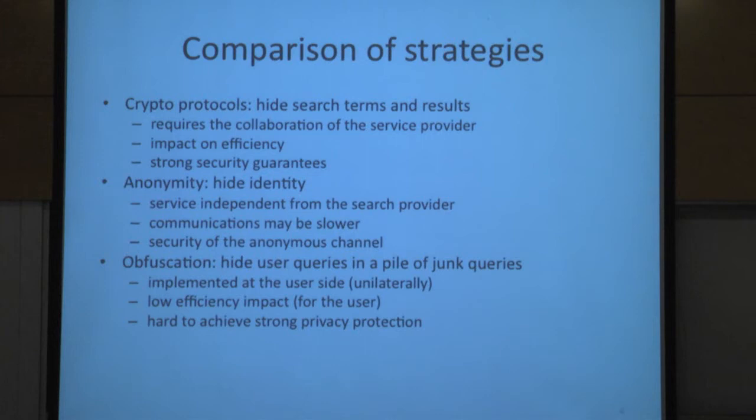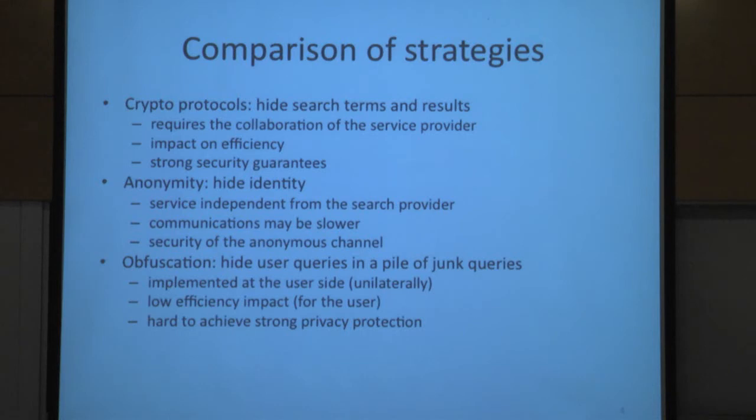The third alternative, obfuscation, has a very low efficiency cost for the user. You pay a little bit of bandwidth because you're sending some queries and getting some traffic back, but the cost is mostly taken by the search engine itself, not by you. So in terms of your own cost-benefit function, you're good. You can implement it unilaterally.